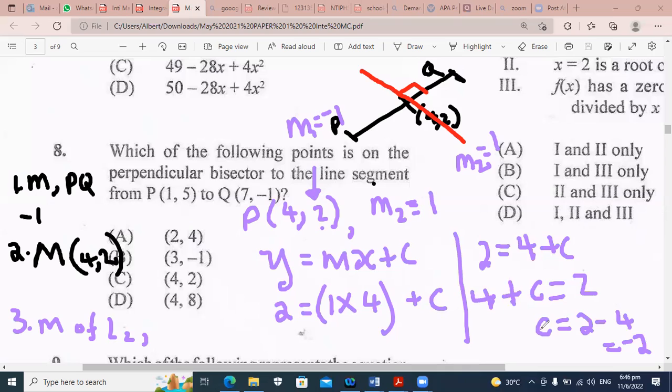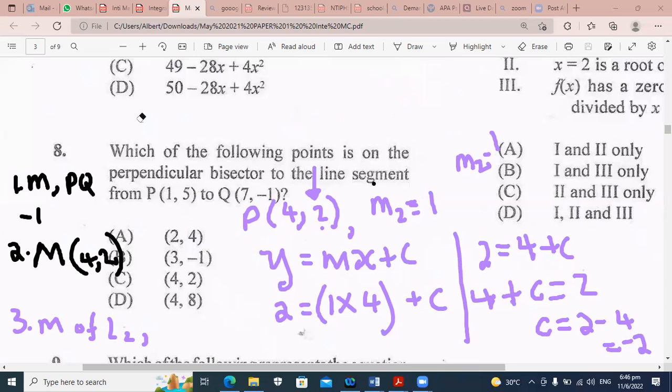All right. So the equation of the perpendicular bisector is, you write back the y, the m is 1, the x is x, and the c is -2.